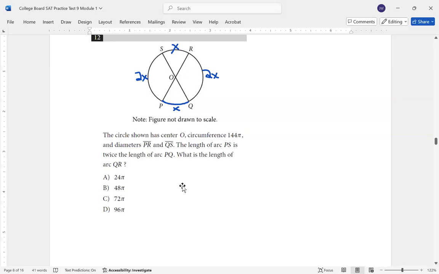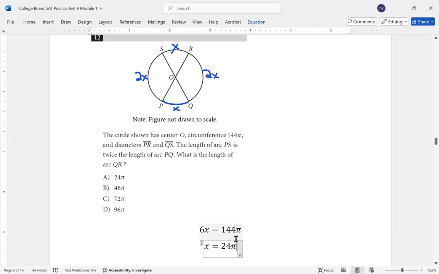And so we know that the circumference, in terms of X, when I add all these up, is going to be 6 times X. Now we also know that the circumference is 144 pi as well. So that means each X is going to be 144 divided by 6 times pi. In other words, 24 times pi.